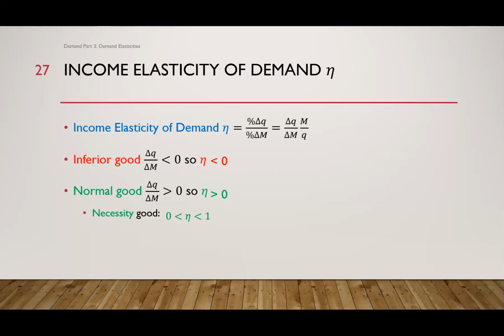Because they switch. High-income people tend to have higher quality foods, right? They eat out more in high-end restaurants. They shop in more high-end supermarkets and so on and so forth. Instead of just regular table salt, they will have Himalayan pink rock salt or something like that, right? So on a quality adjusted basis, high-income people tend to consume more food than low-income people, right? So it's a normal good.